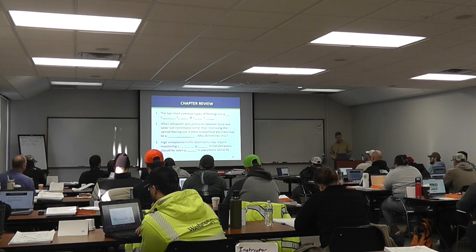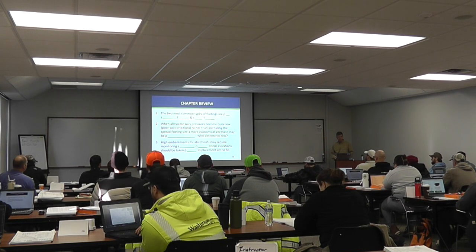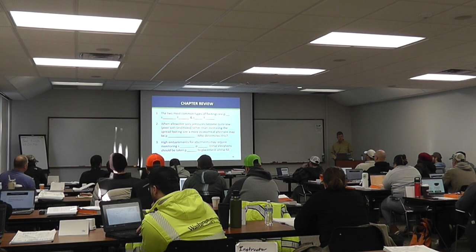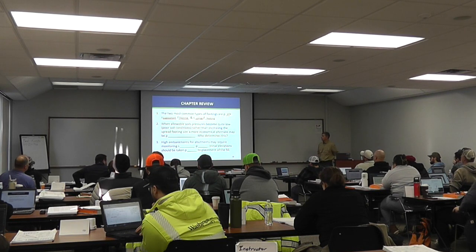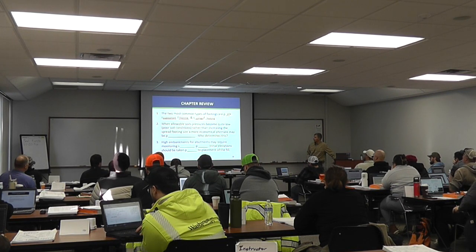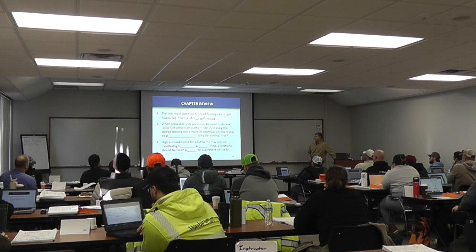Just a little review. The 2 most common types of footings are, some start with a P, pile supported footing, and what's the one we've been talking about? Spread footings. When allowable soil pressures become quite low, rather than increasing the spread footing, a more economical option may be what?